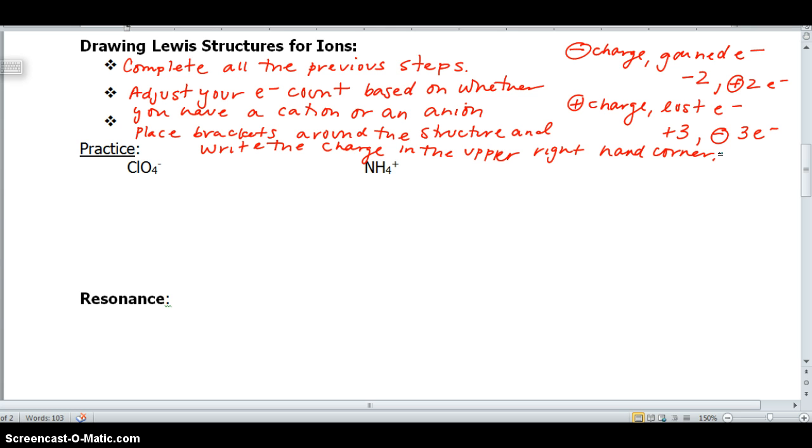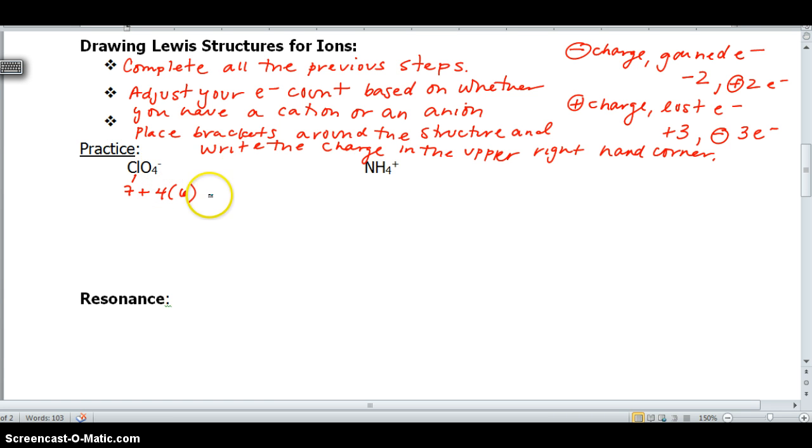So let's do these 2 examples so you can kind of see what's going on. So for ClO4 minus, the -1 means it has gained an additional electron. So if we go through our steps, chlorine has 7 valence electrons. We've got 4 oxygens. Each of those oxygens has 6, which gives us 24 from that.